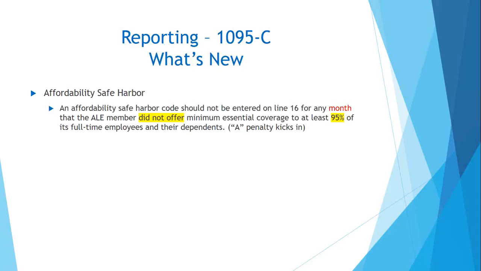That's really what they're saying. I don't work for the IRS, so I can say that. They just want you to really do the work for them on these forms, and they have put this in the 2016 instructions. It was not in the 2015 instructions, but it has shown up in the 2016. So keep in mind that if you did not offer a plan to at least 95% of all eligible employees and their dependents in a certain month, you cannot use a safe harbor code for that month for any employee.